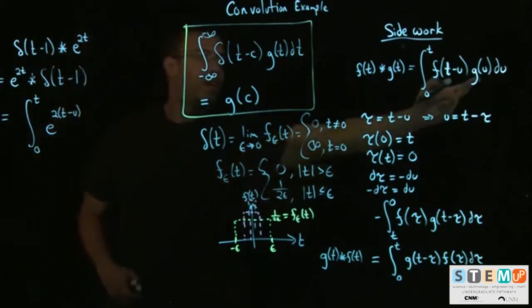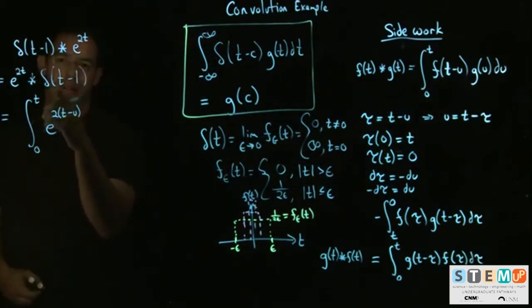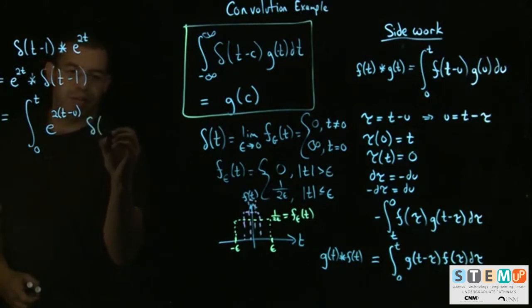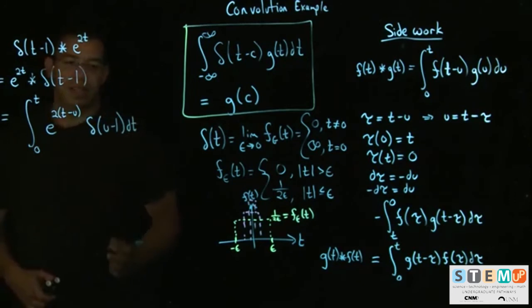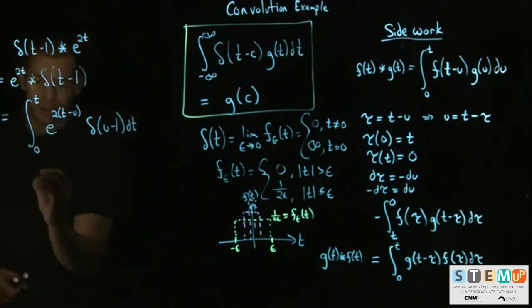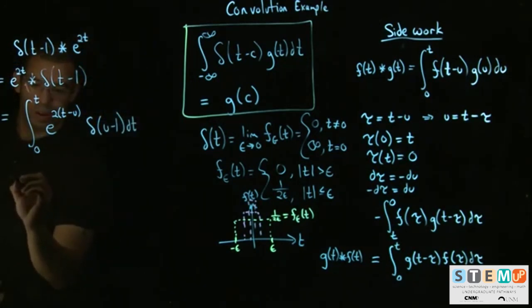And then the other function is just g of u. So we're going to have delta of u minus 1 du. And so what are we going to do now?